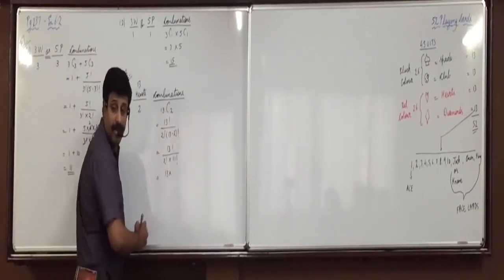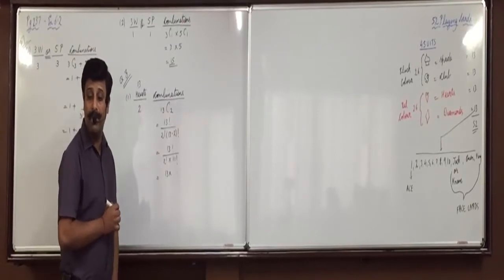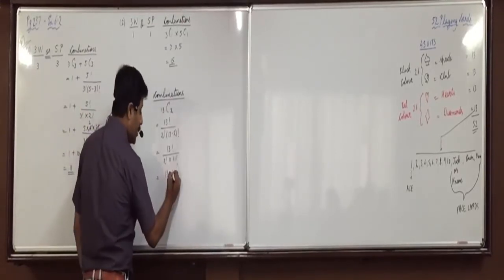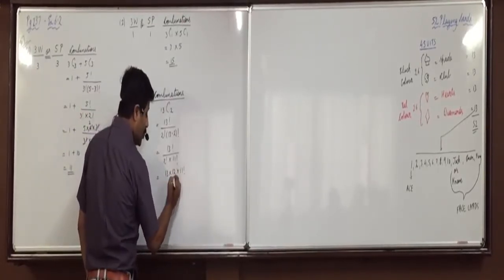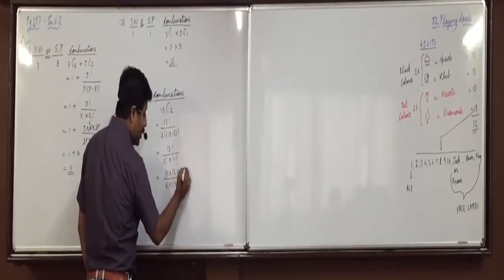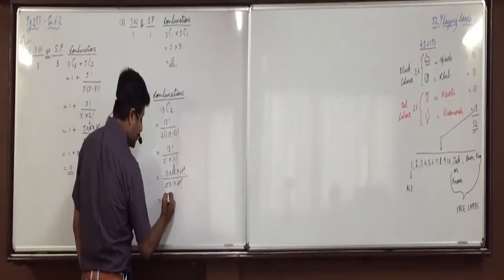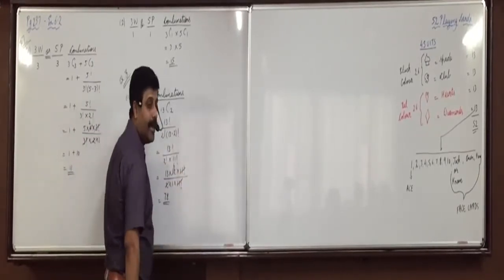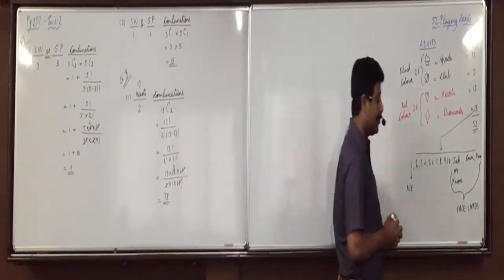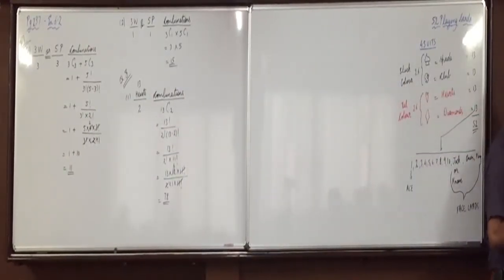Yes, stop talking in between. Kushbu and Bhavsar. 11 factorial cancels, 2 into 6, 12, 13 into 6, 78. Did everyone understand this? Yes. Now, question number 9.